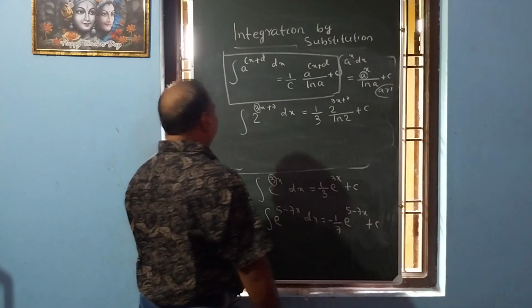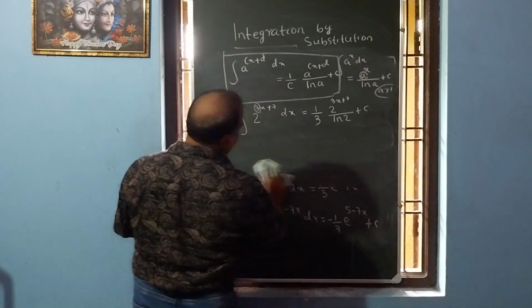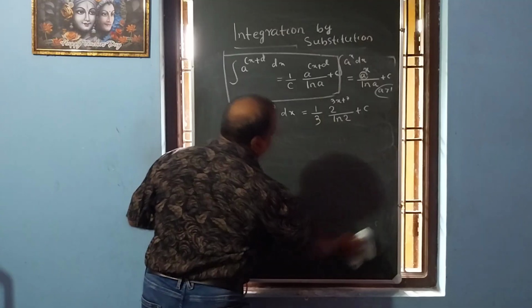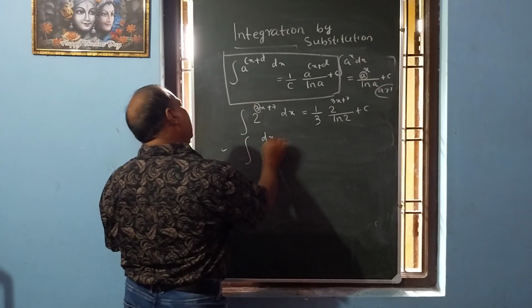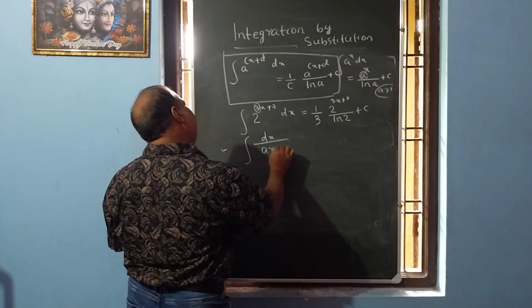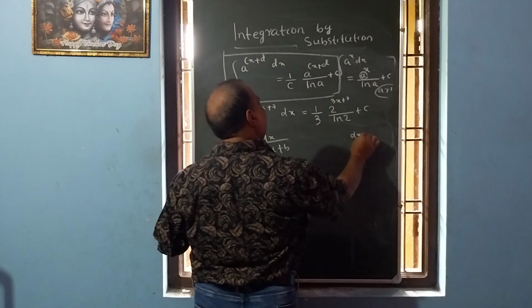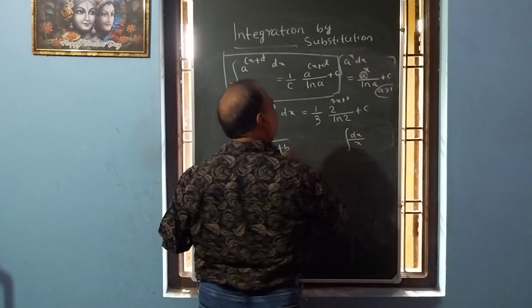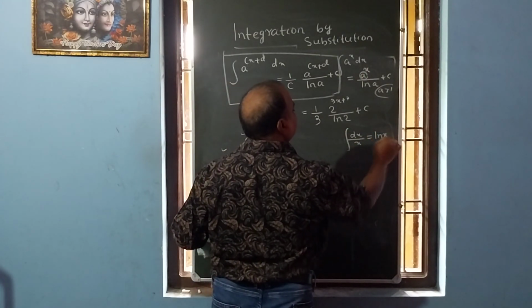So another type is, write down, dx upon ax plus b. So we know that integration of dx by x is equal to ln x plus c.